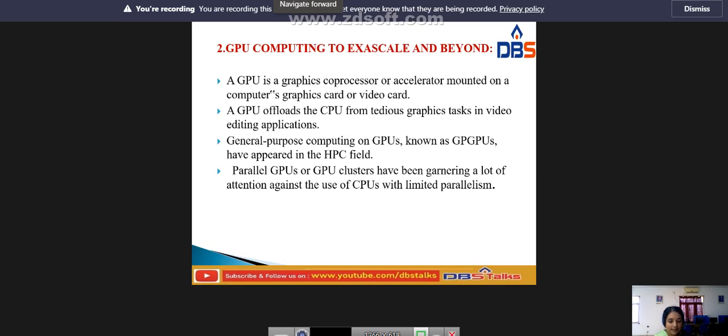GPU exascale. A GPU is a graphics coprocessor or accelerator mounted on a computer graphics card or video card. A GPU offloads the CPU from tedious graphics tasks in video editing applications. The world's first GPU, the GeForce 256, was marketed by NVIDIA in 1999.